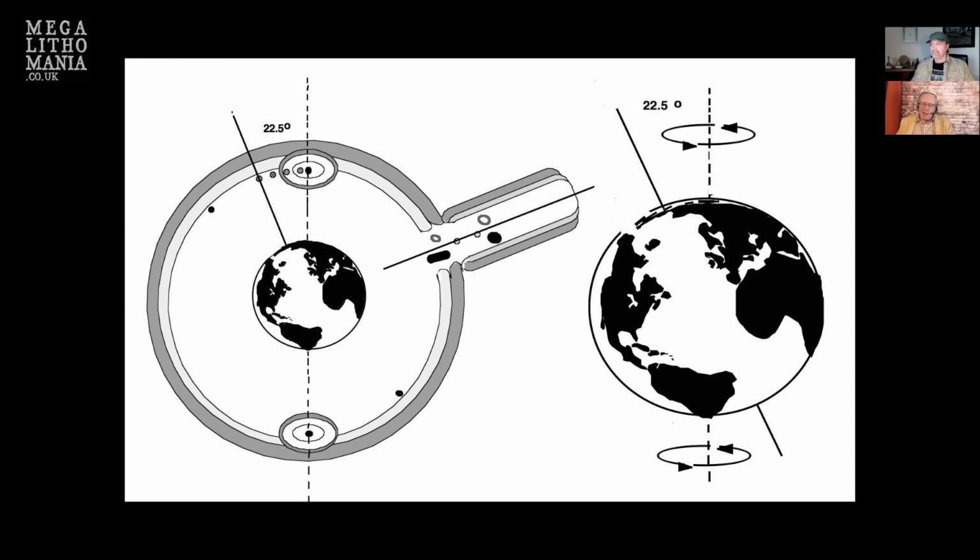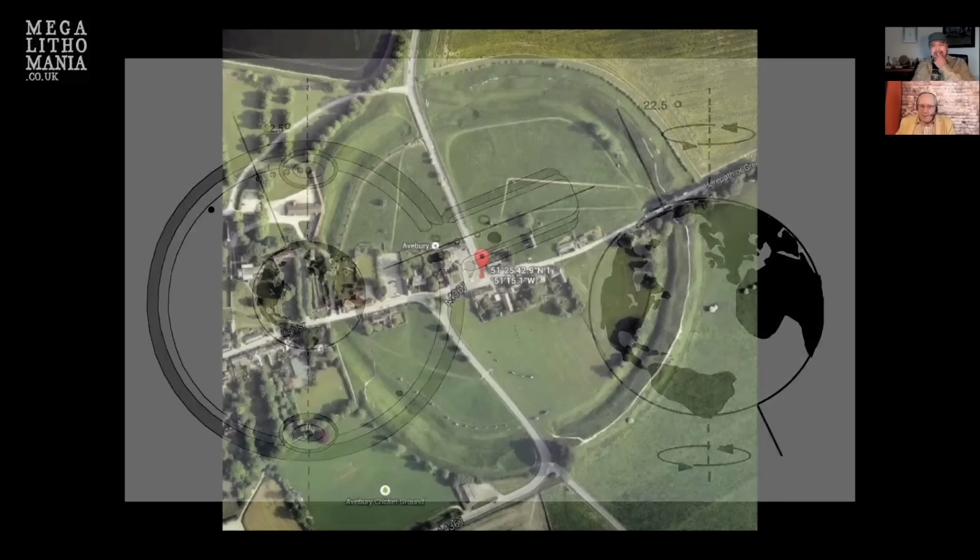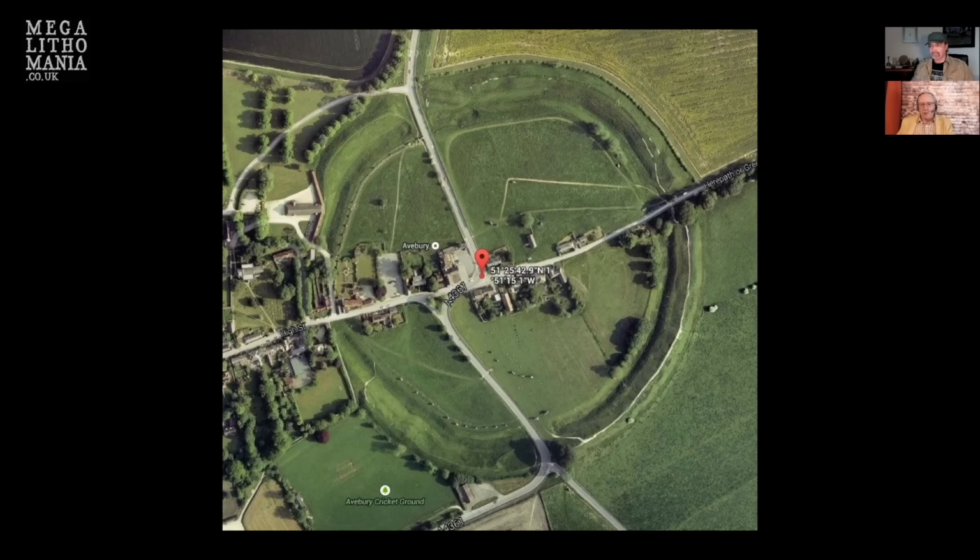So it's like it's encoding the actual latitude of Stonehenge within the Avebury Circle, as if they knew how to divide up the Earth into latitude and longitude. And that was proven. I've not shown it on the diagram, but there's another circle inside the Avebury Henge in the southern hemisphere, as it were. And that equates to another artifact on the face of the Earth down in the southern hemisphere.